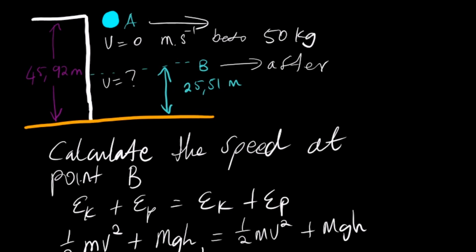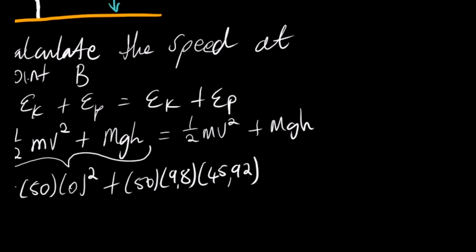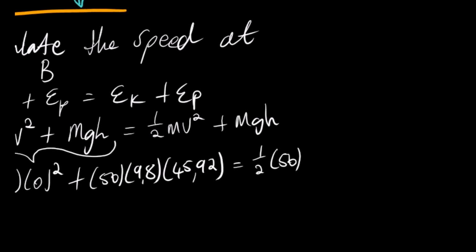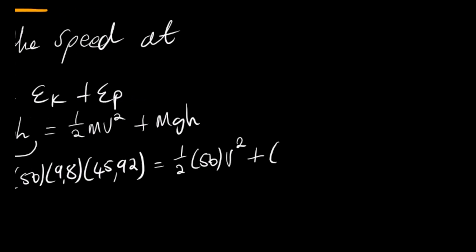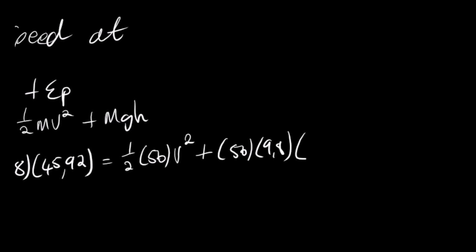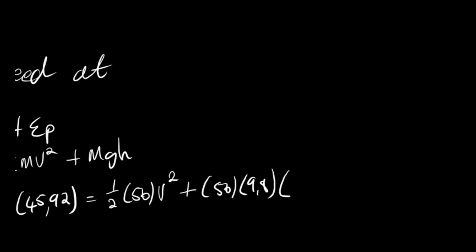We have 45.92. Equals half, the mass is still 50, v, we are looking for v, so it's v squared, plus the mass 50, 9.8, and then the height at point B. What is the height? 25.51.